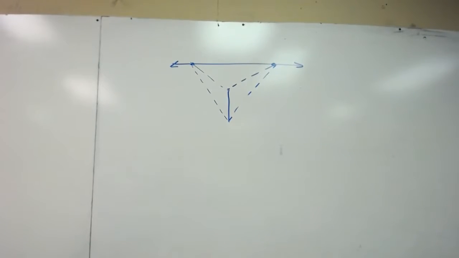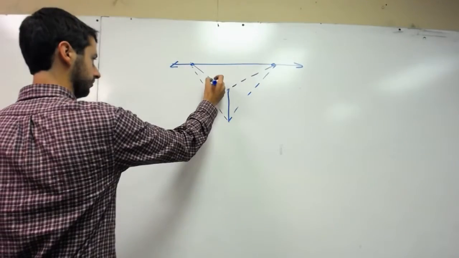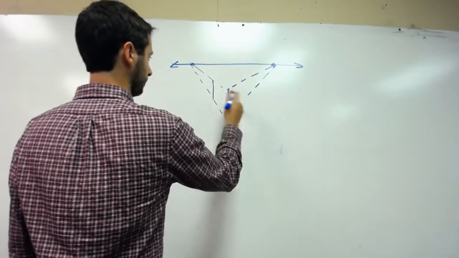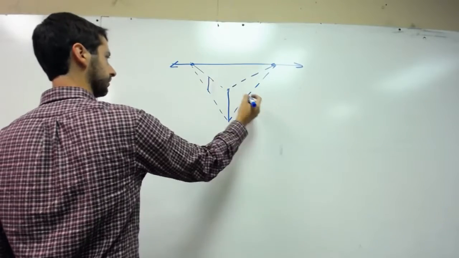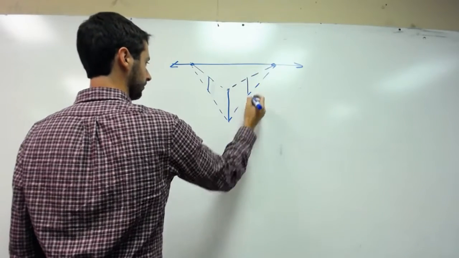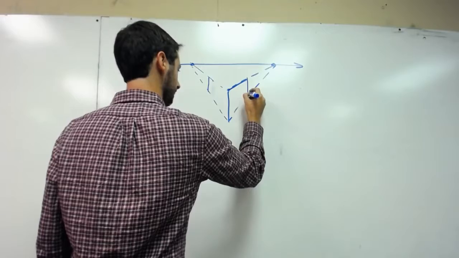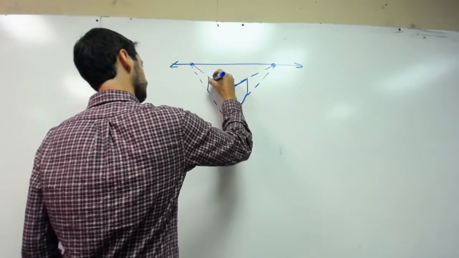I draw my dashed lines, and then step 3 is to draw vertical segments between the lines. So I draw a vertical segment. Actually, I'm going to do it a little bit wider than that. Vertical segment here, vertical segment, and then make these solid.